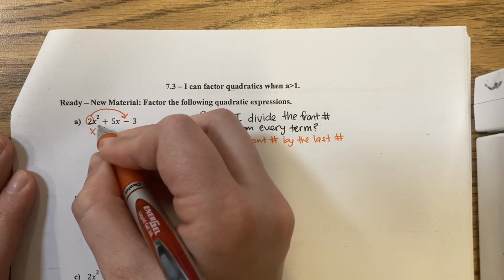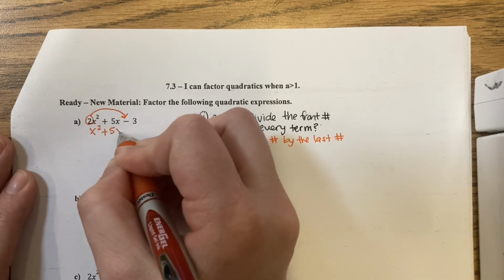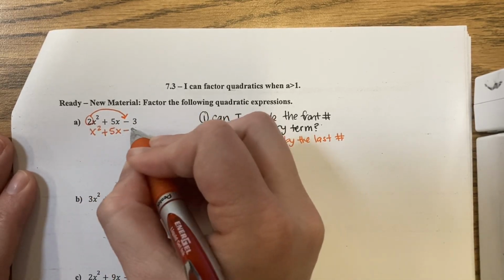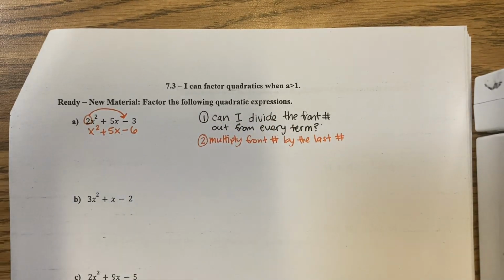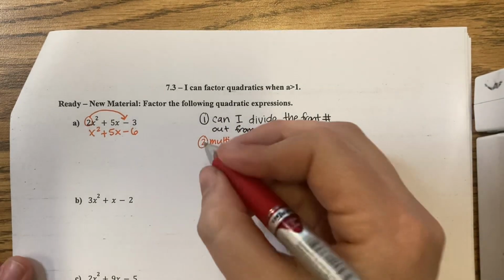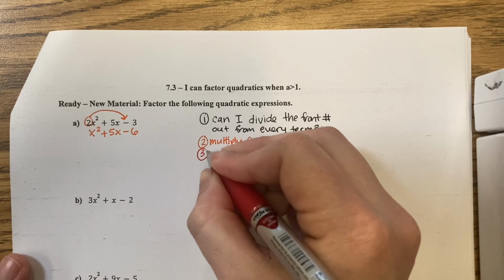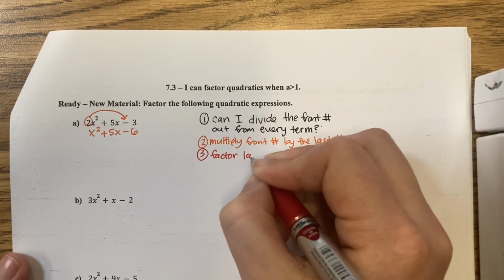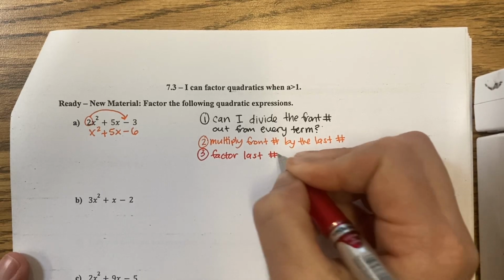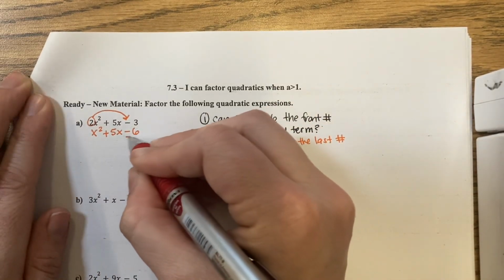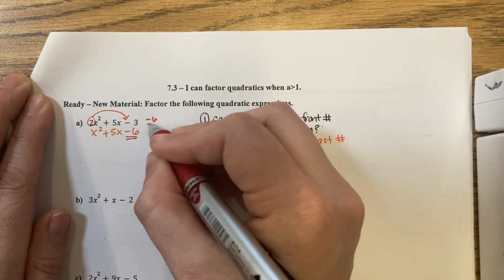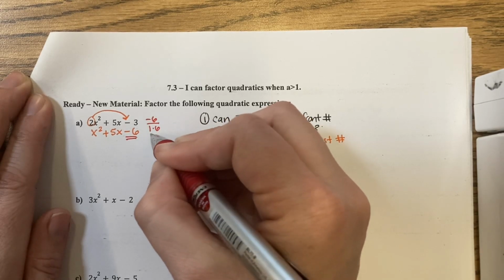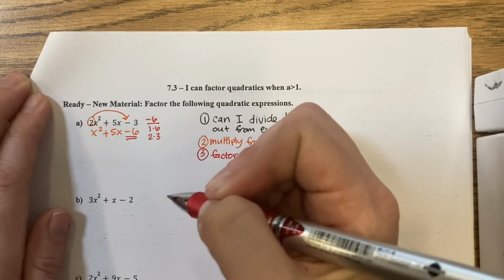That would leave x squared plus 5x minus 2 times 3, which is 6. I then am going to factor the last number. The last number is negative 6. I could use 1 times 6 or 2 times 3.